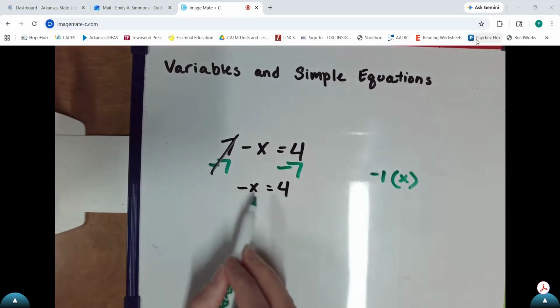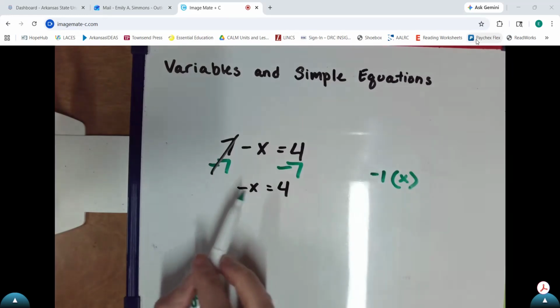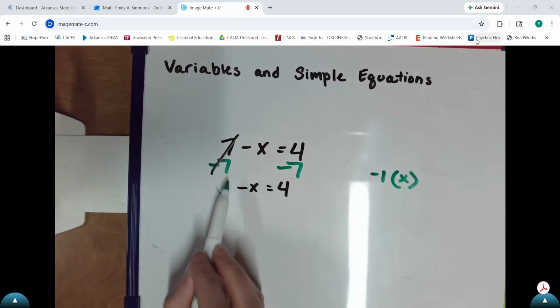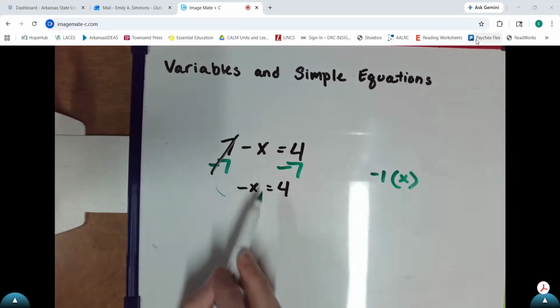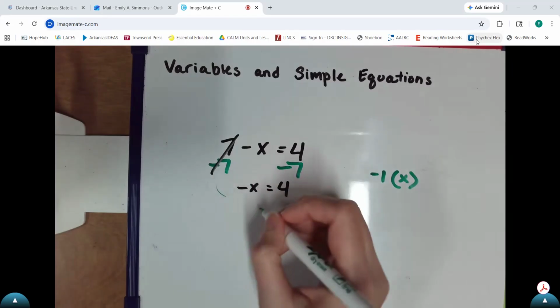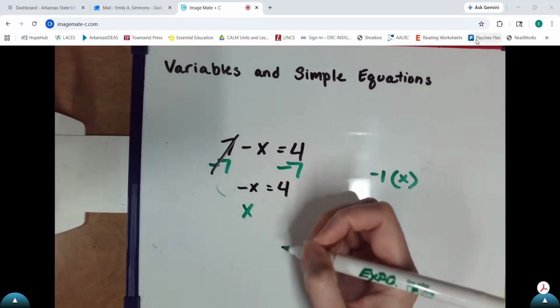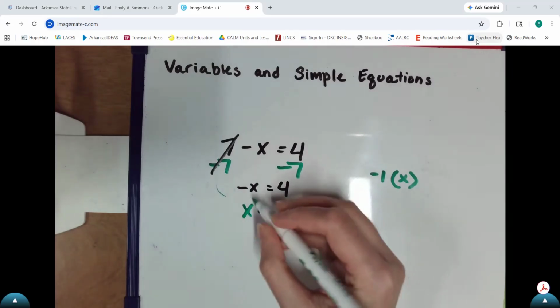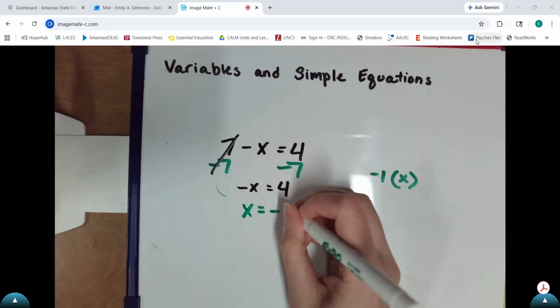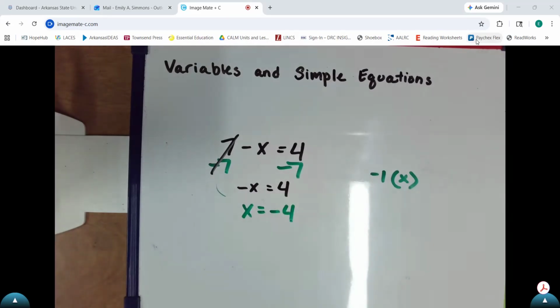So we could divide both sides by -1, or we could just flip the sign of both our variable and our number. So this negative x can turn into x because we're flipping the sign. And if this turns into x, then this needs to turn into -4.